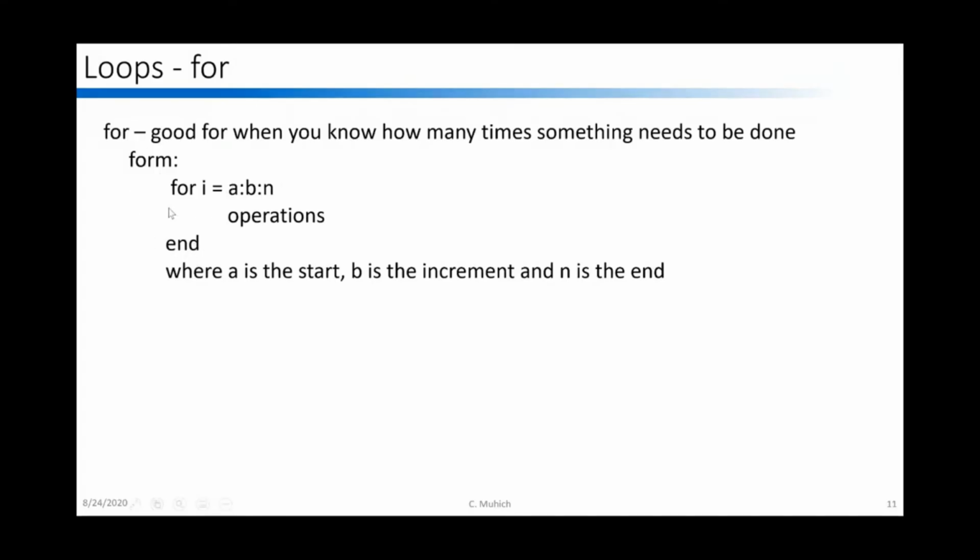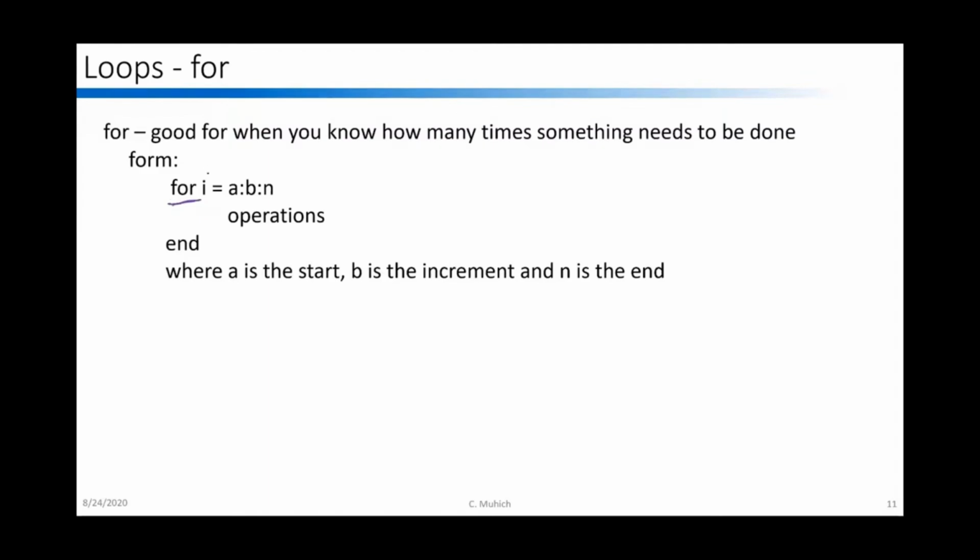So here's an example of our for loop. It's going to contain a similar setup to if statements. We're going to call first on for, but we're going to set a new variable.